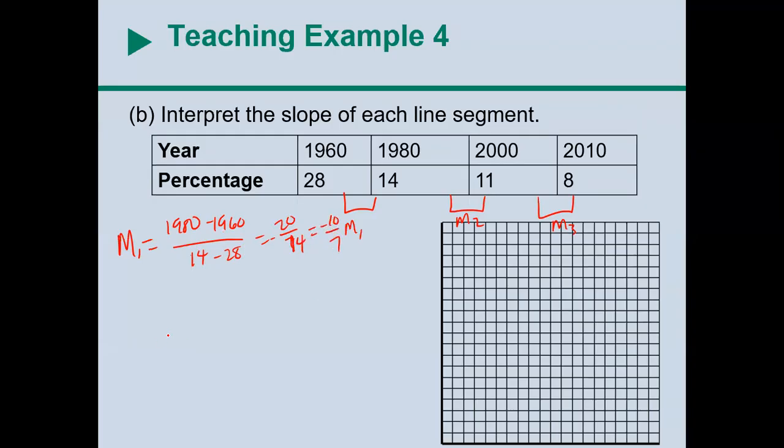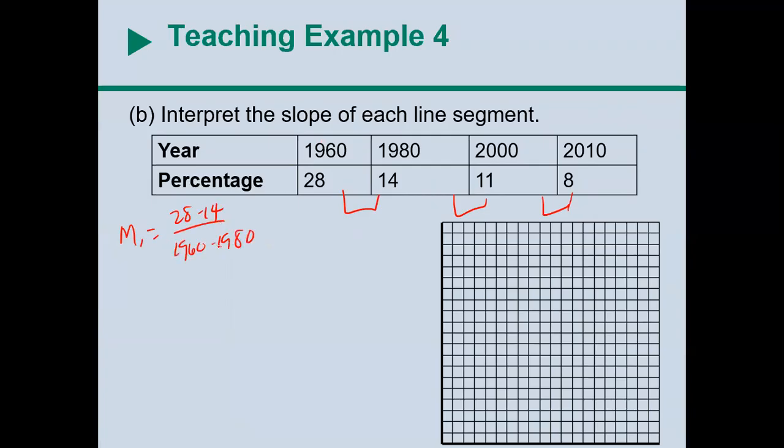I wrote it upside down. M1 equals 28 minus 14 over 1960 minus 1980.